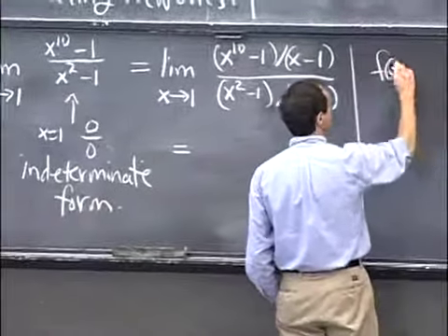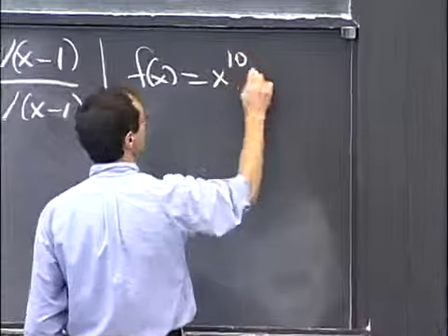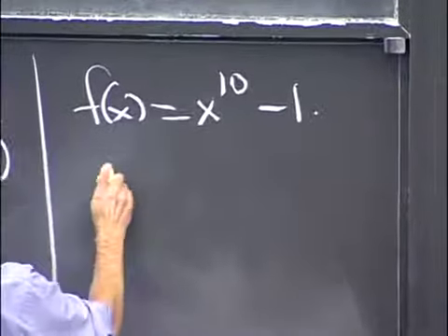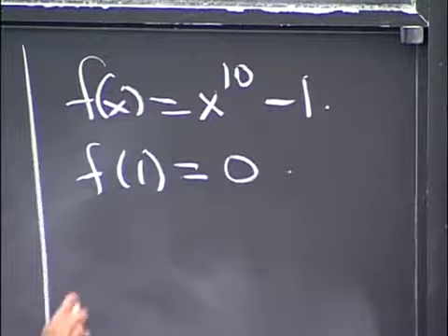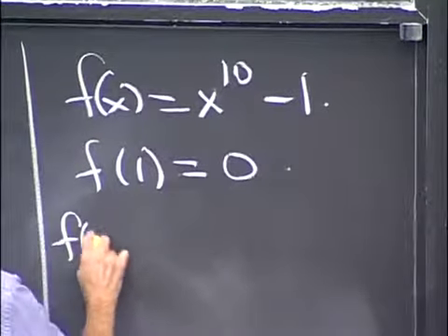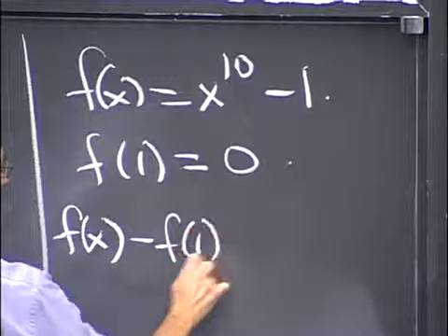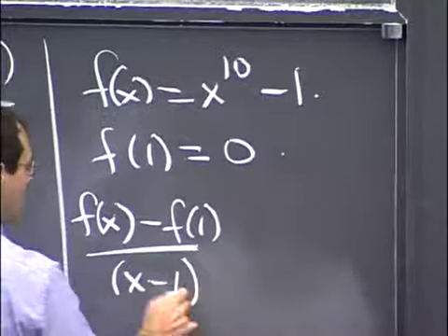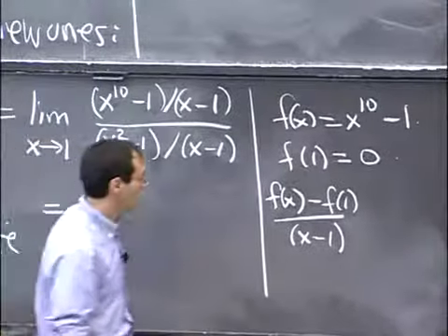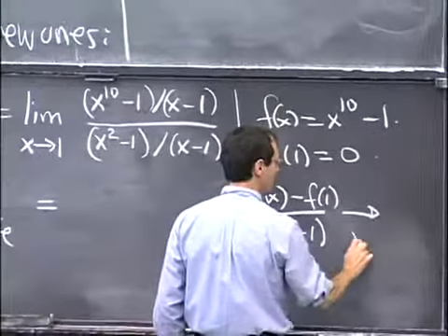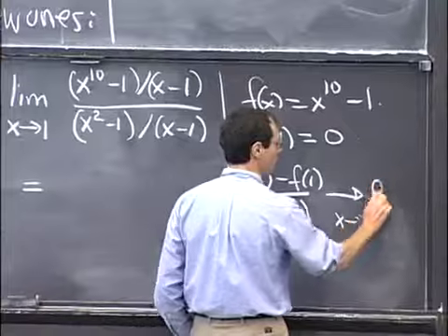So if I have a function f of x, which is x to the 10th minus 1, and the value at 1 happens to be equal to 0, then this expression that we have, which is in disguise the difference quotient, tends to, as x goes to 1, the derivative, which is f prime of 1.